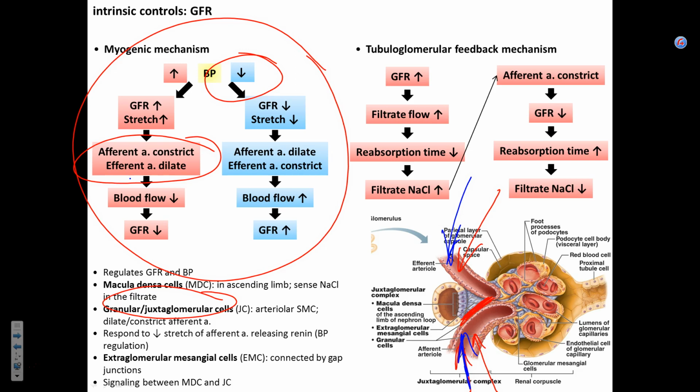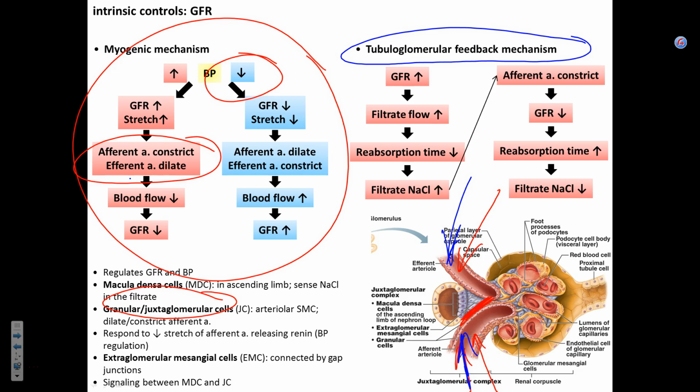Does that make sense? That's super elegant. Now, you can imagine that this responds to small variations in the blood pressure. Does that make sense? Now, so-called tubular glomerular feedback mechanism is also super elegant, but there are more steps here.